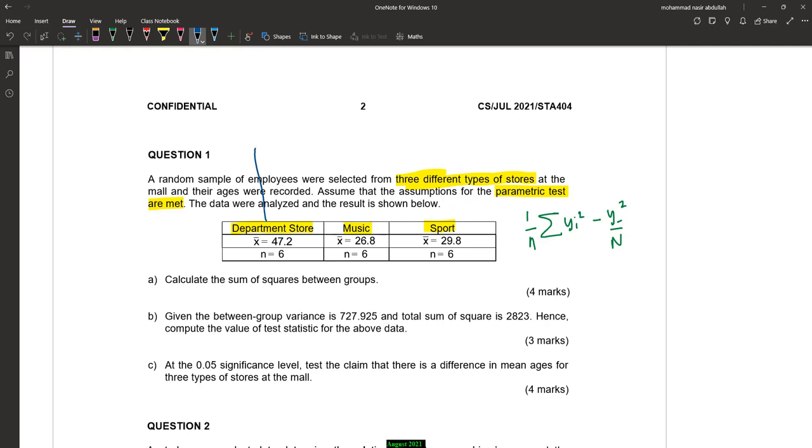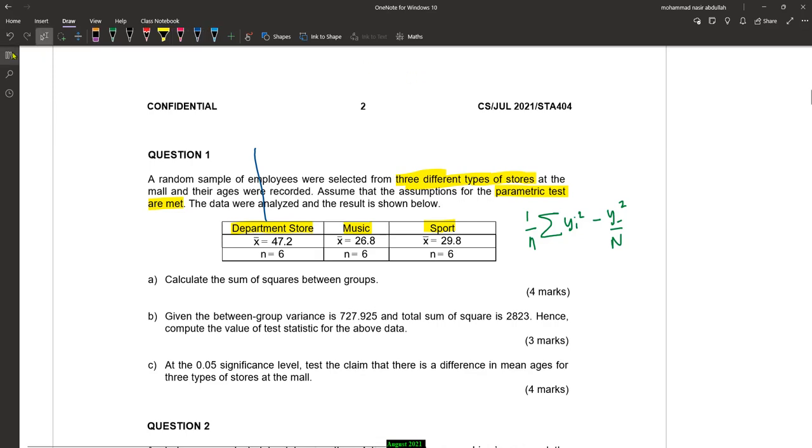So kalau kita tengok dekat sini, dia ada summation of xi kan, dekat sini. So now what we can do is basically this one is bit hard. Okay, macam mana nak buat ni? We need to use another formula. I think you cannot use this formula.